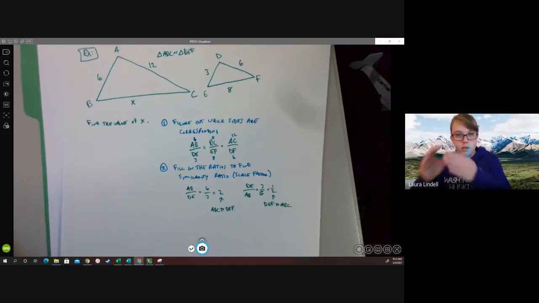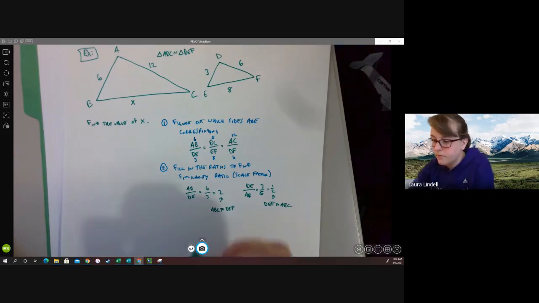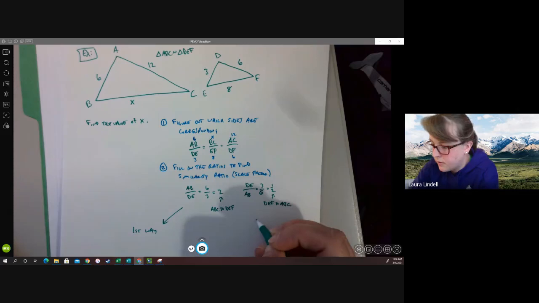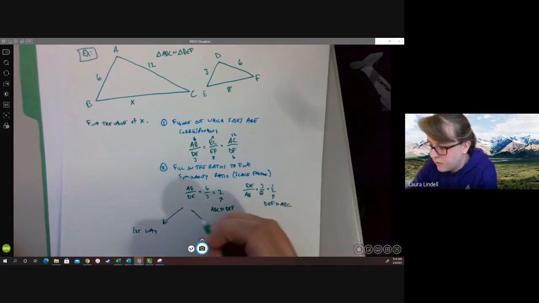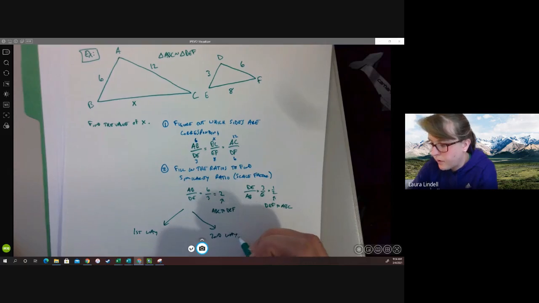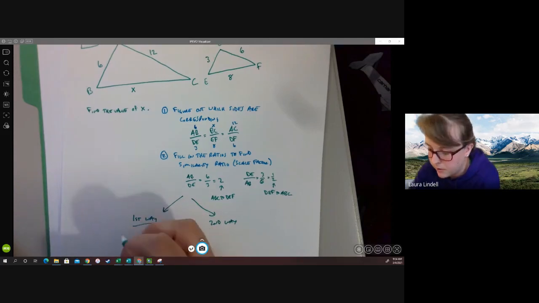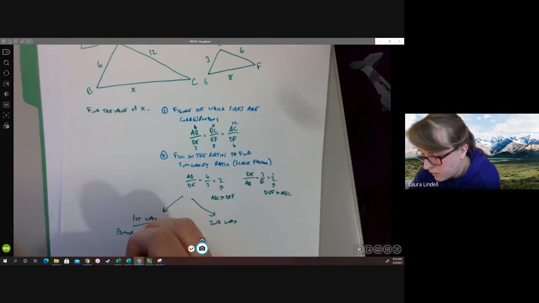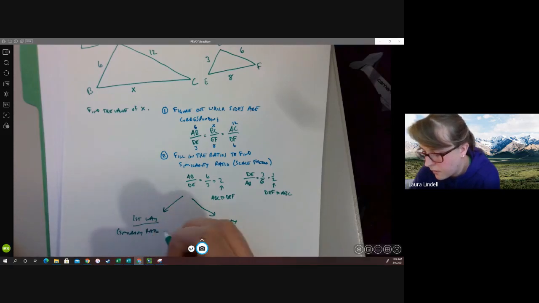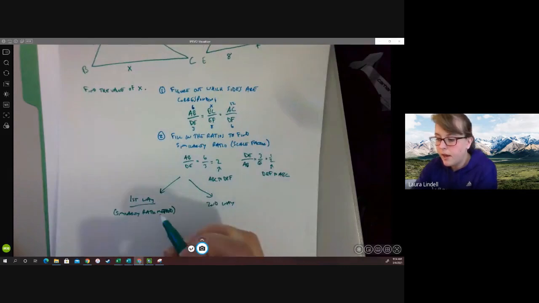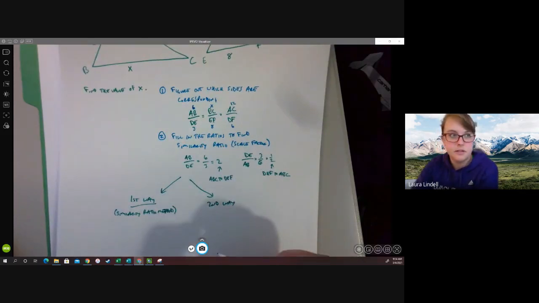And this is where we can split apart into two different ways of solving this thing. So the first way, I'm going to call the scale factor way, or the similarity ratio way. Similarity ratio method. So basically, I have two similarity ratios here, right?